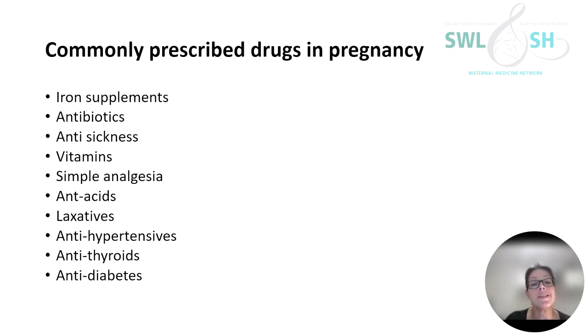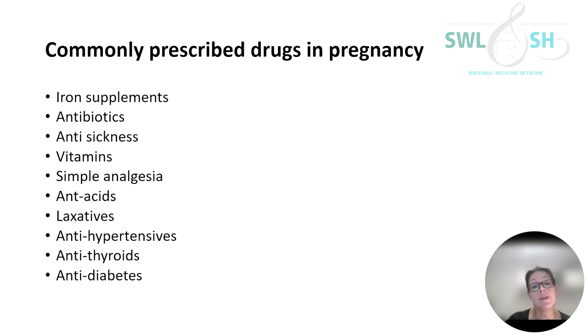So this is a list which is not exhaustive of all commonly prescribed drugs in pregnancy. The first few we see all the time, and they may not be there throughout the pregnancy, and for a period.